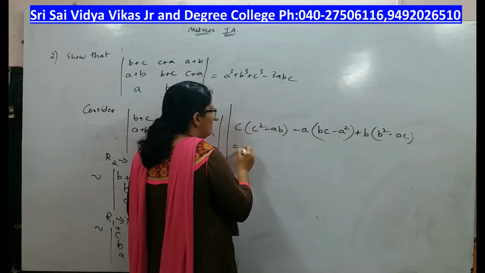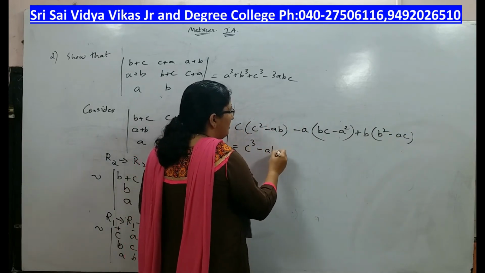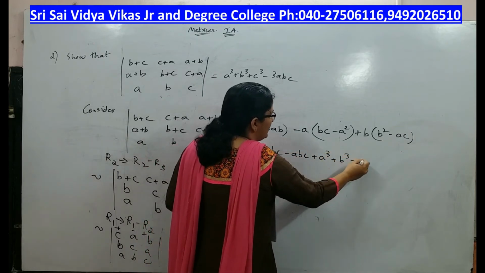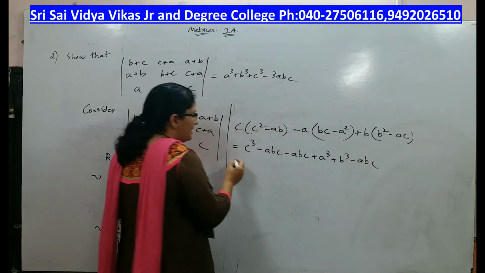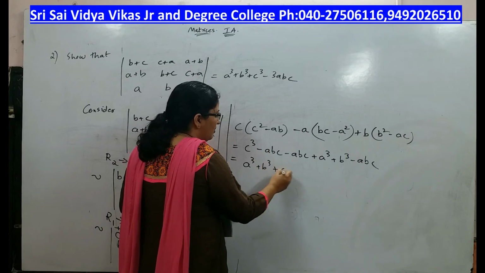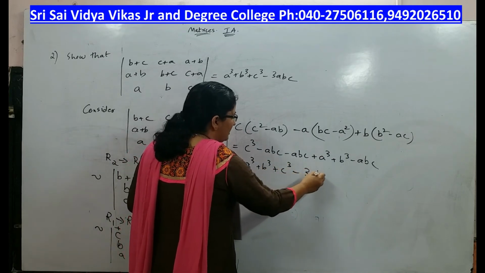So this is equal to C cube minus ABC, minus ABC plus A cube, plus B cube minus ABC. So that is equal to A cube plus B cube plus C cube minus 3ABC.